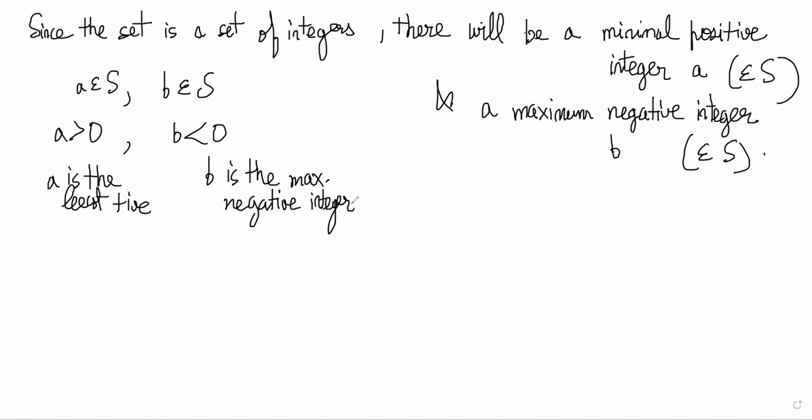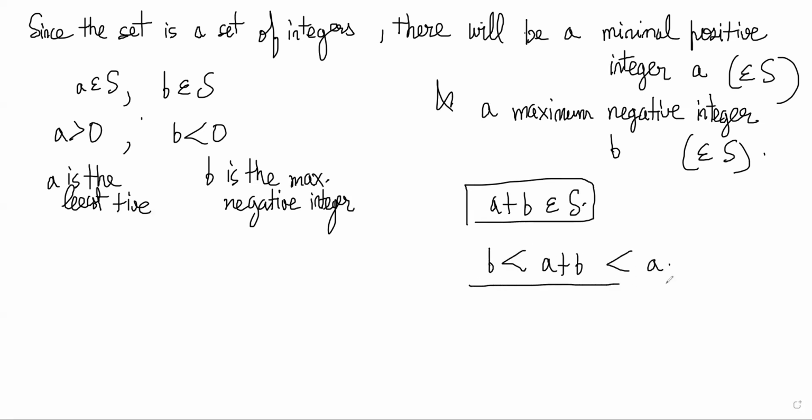Right? Now, because of the property of the set, A plus B also belongs to the set, right? Because two elements are A and B, and so the sum of the elements will belong to the set. And because A is positive and B is negative, we can say B is less than A plus B is less than A. Now we can prove a very nice thing.